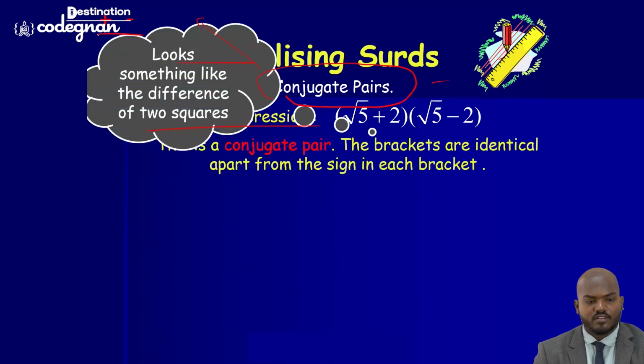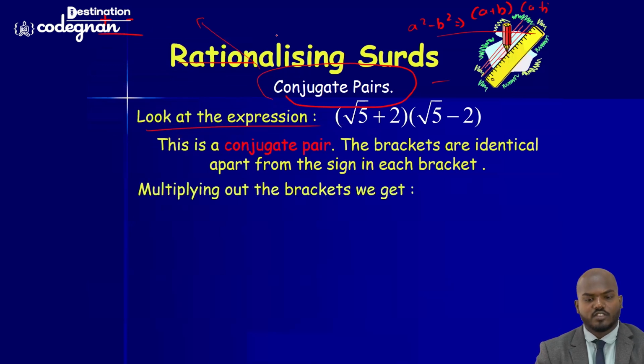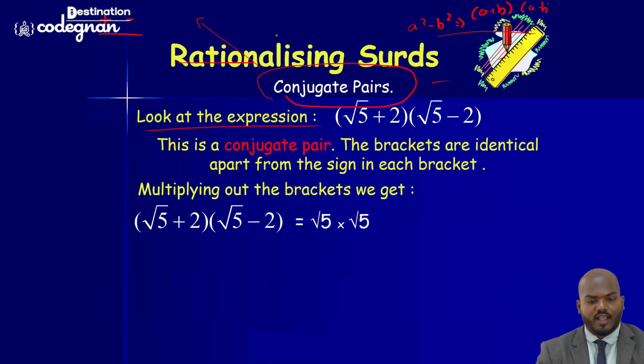Okay, so that looks like a difference of squares. It looks like a squared minus b squared. a squared minus b squared is equal to what? That is (a plus b)(a minus b), we can call it. Okay, so in the same way we can do this one here, and multiplying outside the brackets, it will give you root 5 and minus 2 root 5. It is just expanding this one.